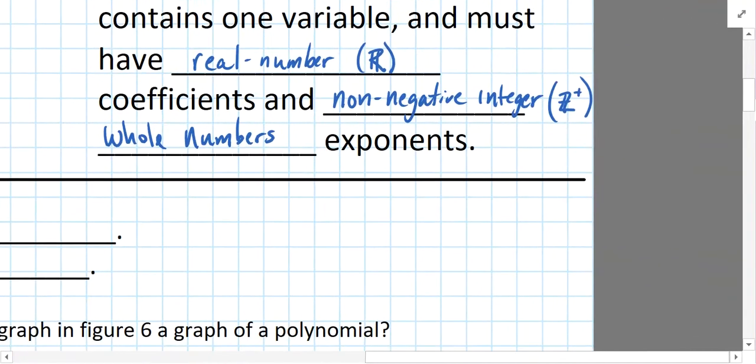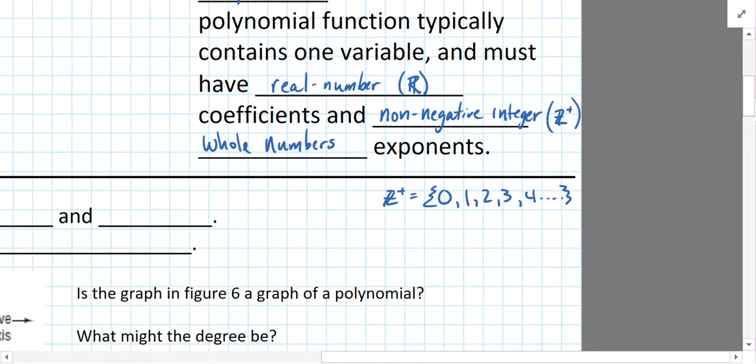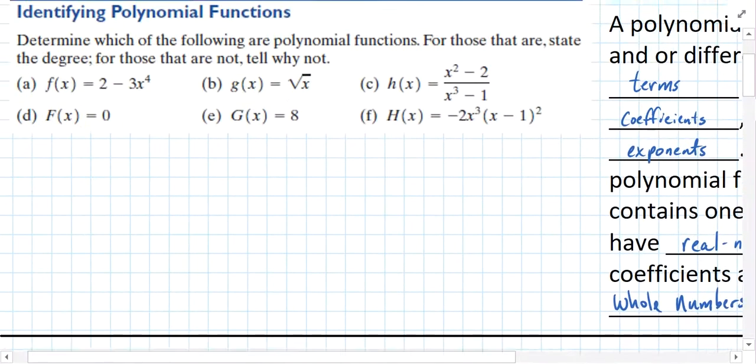So if I were to list non-negative integers or whole numbers, that list would start at 0 and continue upward indefinitely. So when we're talking about exponents, they must be within this list of numbers. We're not allowed to use fractions, we're not allowed to use decimals. We avoid those for polynomials.